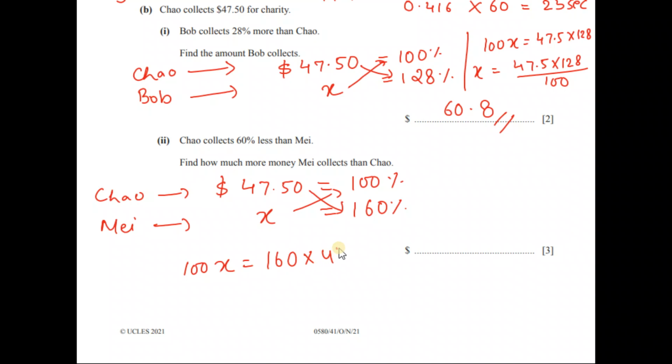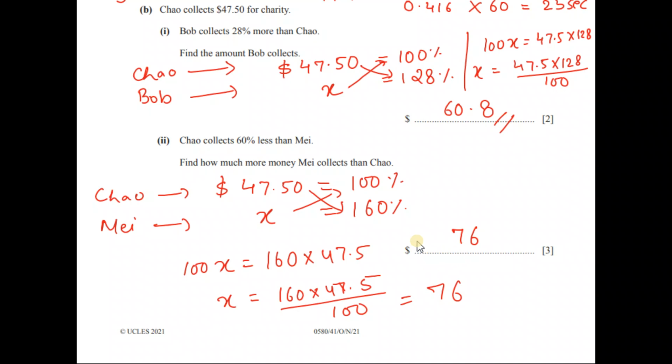We'll be getting 100x is equal to 160 times 47.5, and x is equal to 160 times 47.5 divided by 100. 160 times 47.5 divided by 100 gives $76. So my answer for this question is $76.